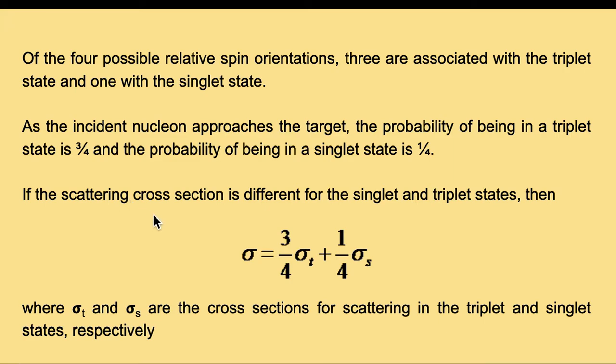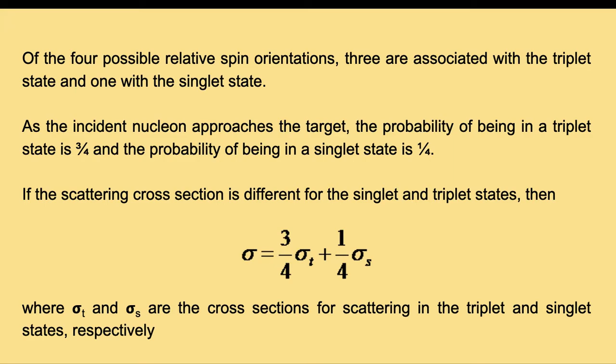If the scattering cross section is different for singlet and triplet states, then you can write sigma as 3 by 4 sigma t plus 1 by 4 sigma s. This is an assumption that we are making: the cross section is different for singlet and triplet states.